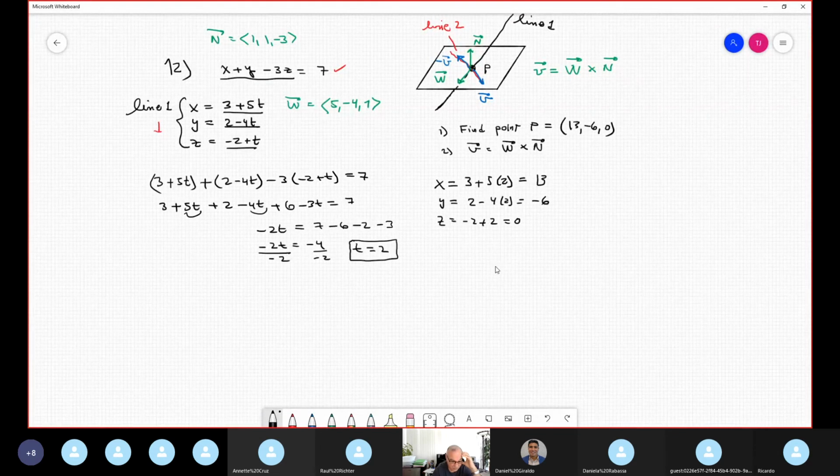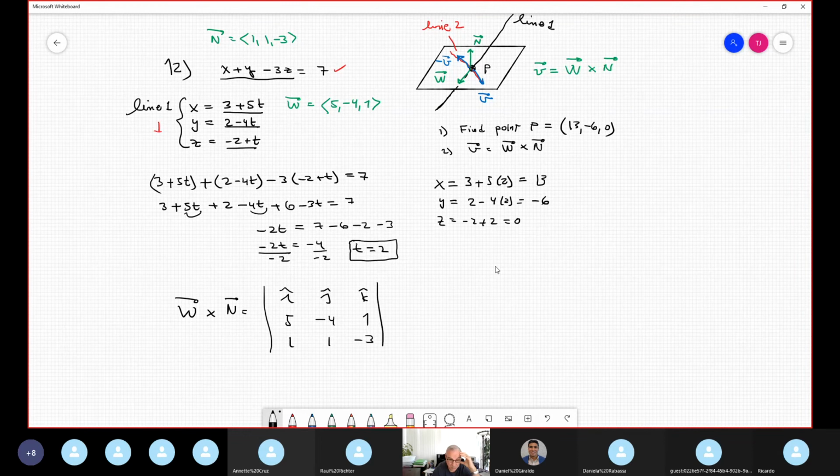I perform the cross product, so it's W vector cross the normal vector, with i, j, k, 5, negative 4, 1, and 1, 1, negative 3. Guys, I skipped that part. I am bored to do that. The answer is 11, 16, 9.